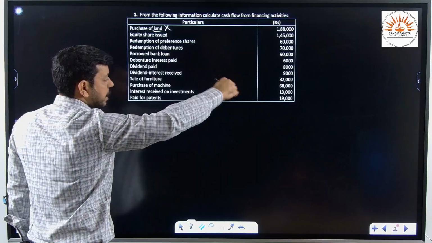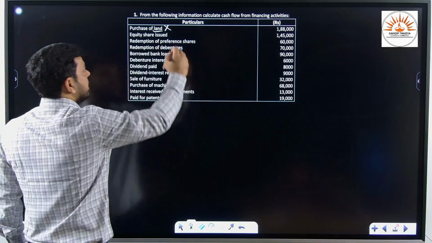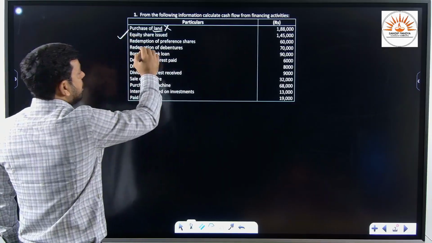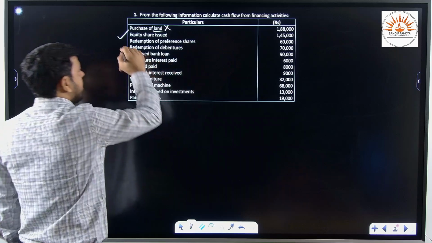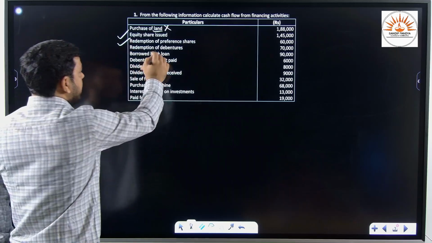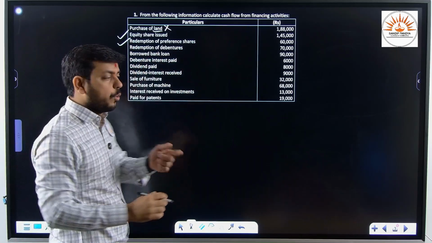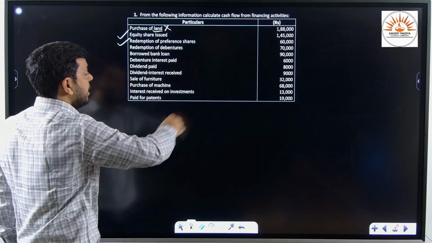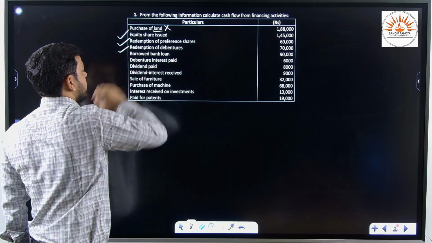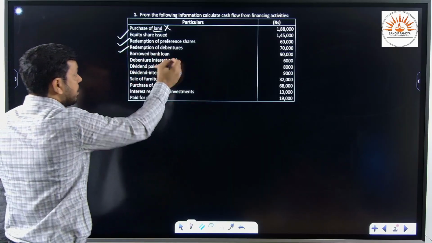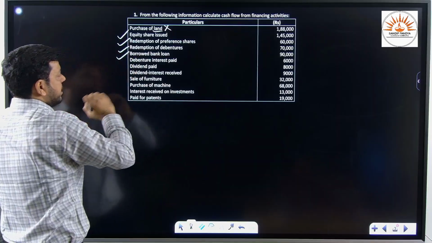Equity share capital, as we know, is a part of shareholders' funds, hence we shall include it. Redemption of preference share is also a part of financing activity. Redemption of debenture, that is long-term borrowing, is also a part of non-current liability and financing activity, hence we shall include it. Borrowed bank loan is also financing activity.